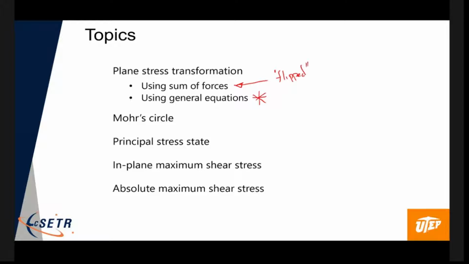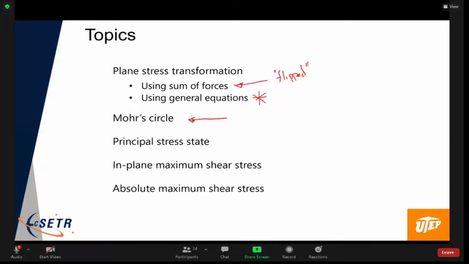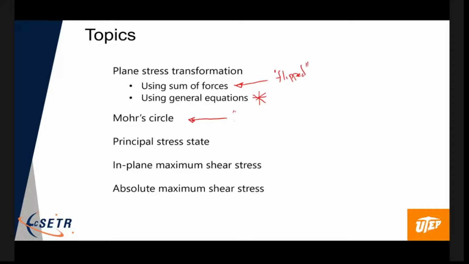All right. Likewise, with Mohr circle, I derive Mohr circle, but I don't really think it's necessary. I have a PDF with the derivation as well as a video, I think. So this will also be flipped. I'll just show you the equations and how this works. So you're going to actually have three ways of doing the same thing.